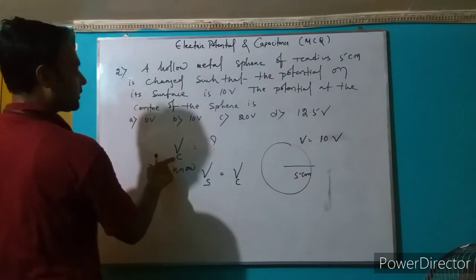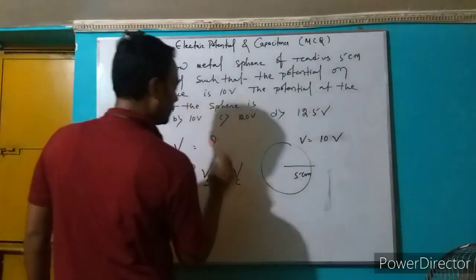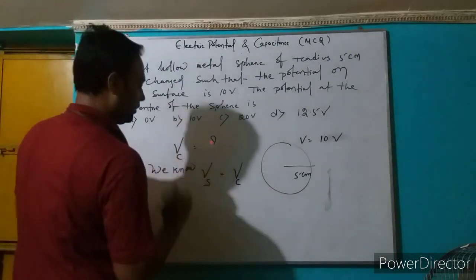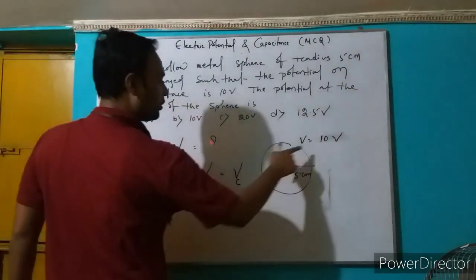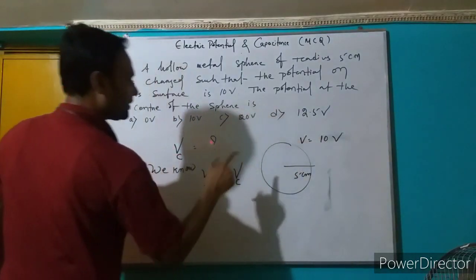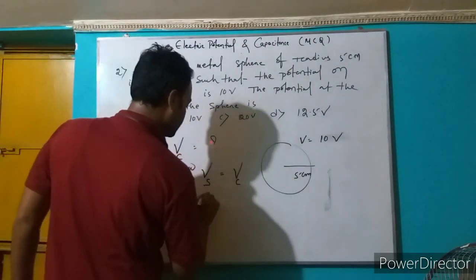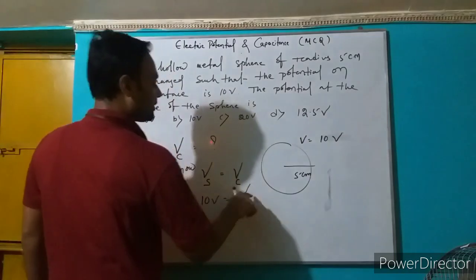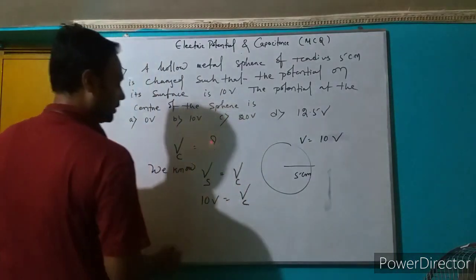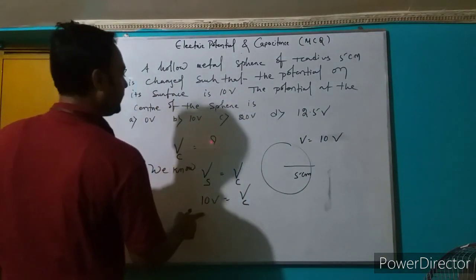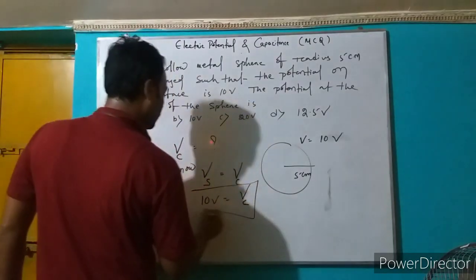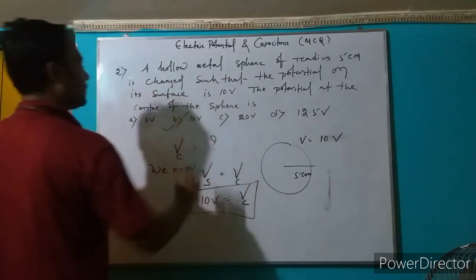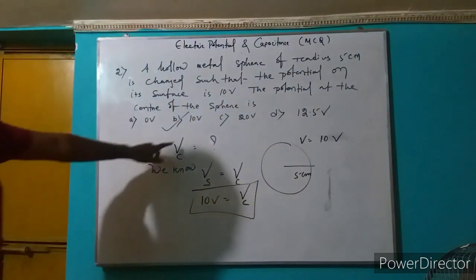They are equal. That's why, from the question, the potential on the surface of that sphere is 10 volts, which is equal to the potential at the center. That means the potential at the center is 10 volts. So my second option is correct, that is 10 volts.